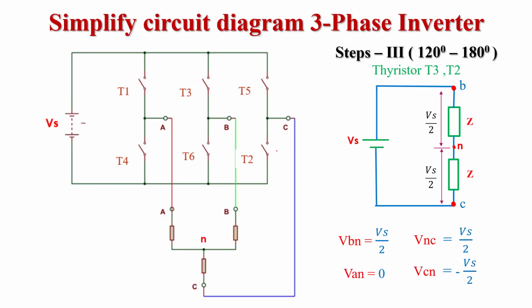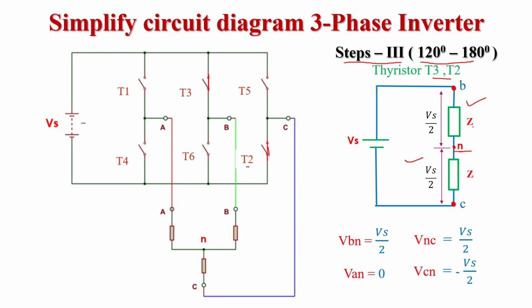Similarly, we calculate the phase voltage for step 3. Step 3 is from 120 degree to 180 degree. Two thyristors are conducting, T3 and T2. T3 is from phase B and is a positive group thyristor. T2 is from phase C and is a negative group thyristor. So this is the simplified circuit diagram we get. This is the neutral point.